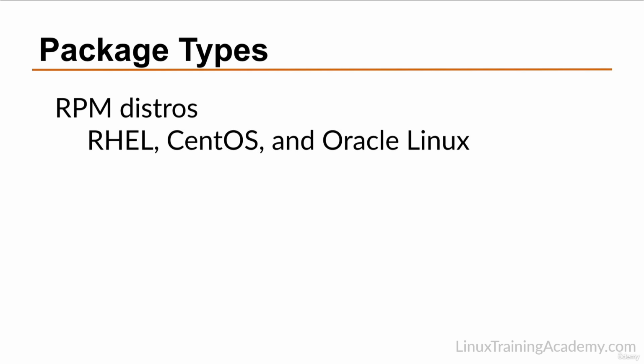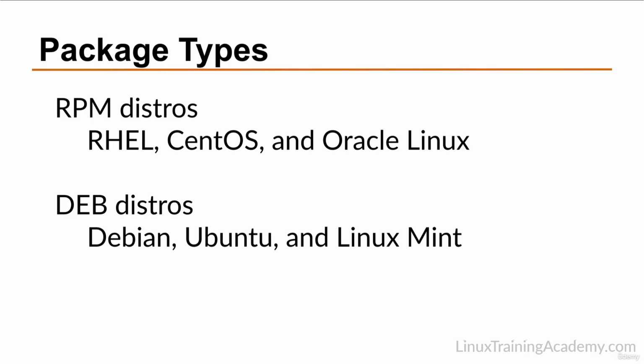Distributions or operating systems such as Red Hat Enterprise Linux, CentOS, AlmaLinux, Oracle Linux, Fedora, and Scientific Linux are all RPM-based distributions. RPM stands for Red Hat Package Manager or RPM Package Manager. Debian, Ubuntu, Kali Linux, and Linux Mint are all examples of Deb-based or Debian-based distributions.